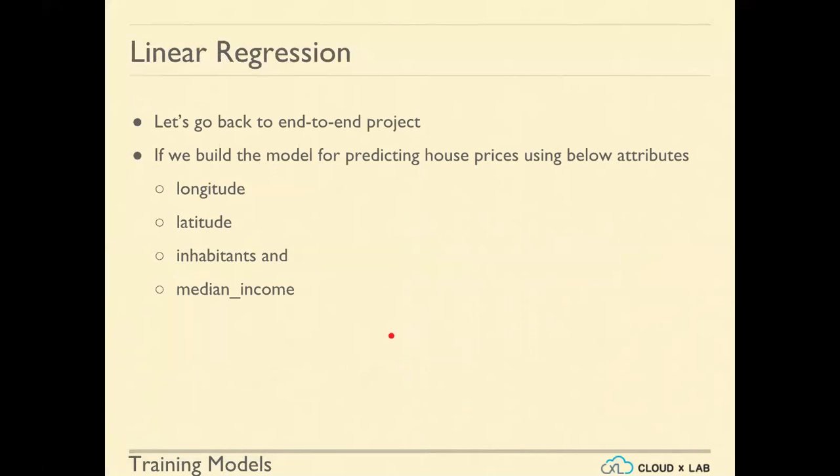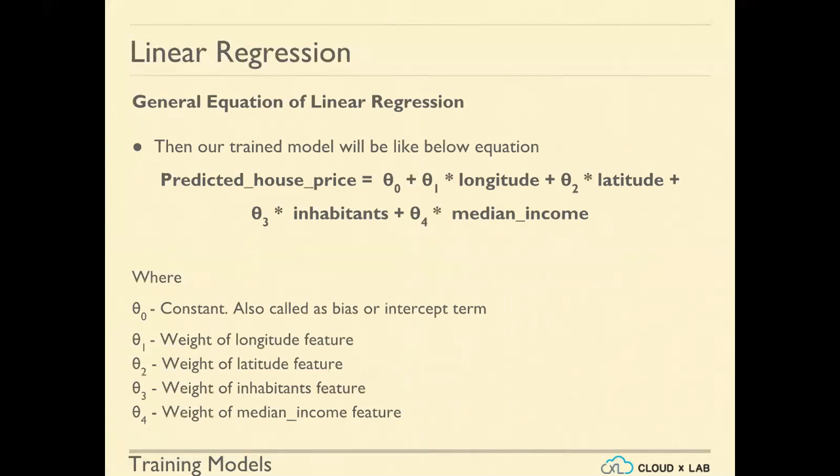Now let's go back to the end-to-end project. If we build a model of predicting houses using the attributes longitude, latitude, inhabitants, and median income, and we are assuming that it's a linear regression, then our predicted house price will be a function of theta 0 plus theta 1 into longitude, and so on if there are more variables. These are the variables, and these are the weights.